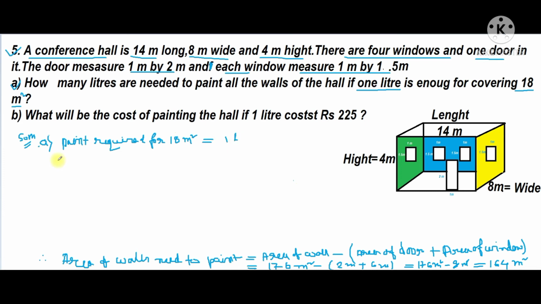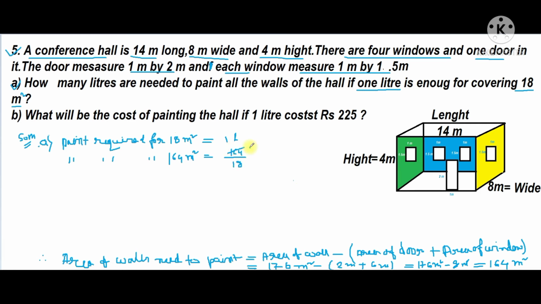Okay, then we have how much area to paint? 164 meters square, right? So here we'll use this area. So paint required for 164 meters square is equal to 164 by 18.